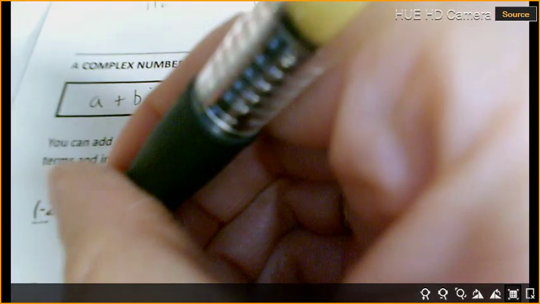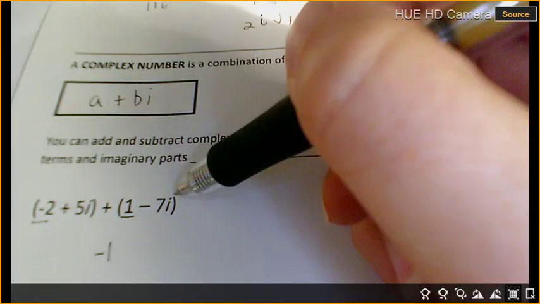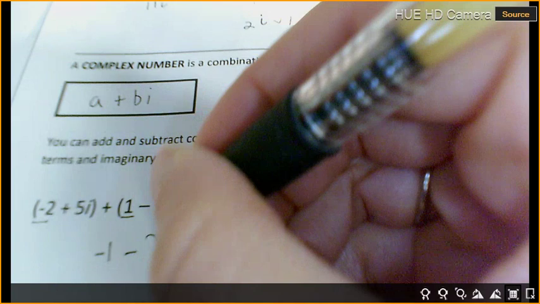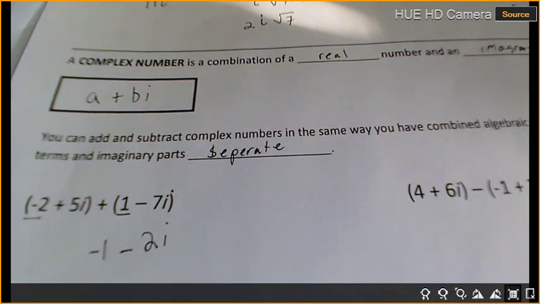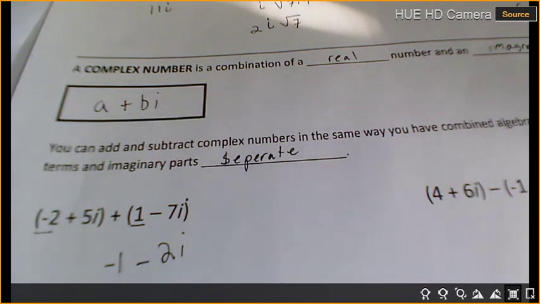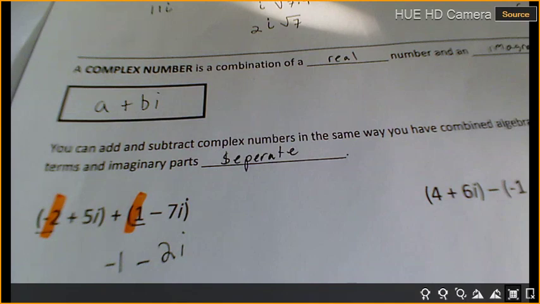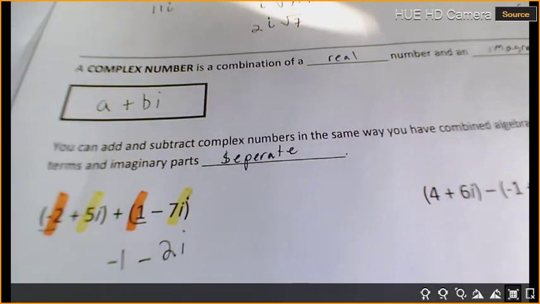Negative 1. And what's 5 plus negative 7? Negative 2. So negative 1 minus 2i. That's the whole thing. Addition's really easy. These don't have any i's, I combine those. These have i's, I combine those.